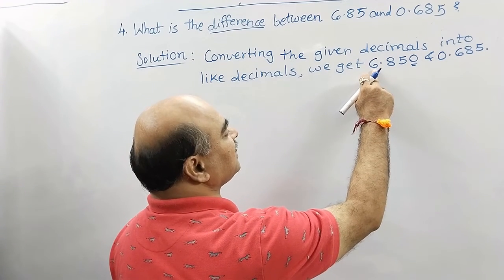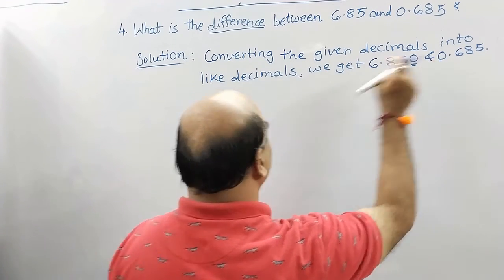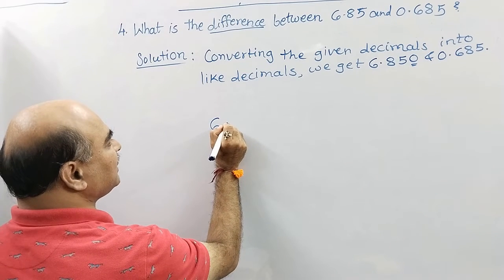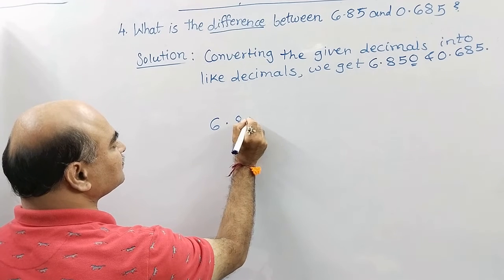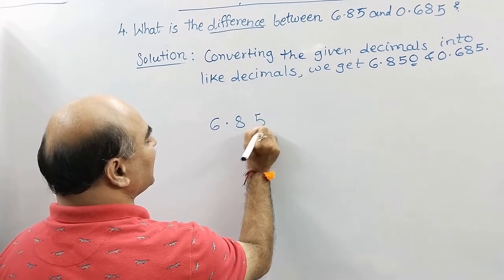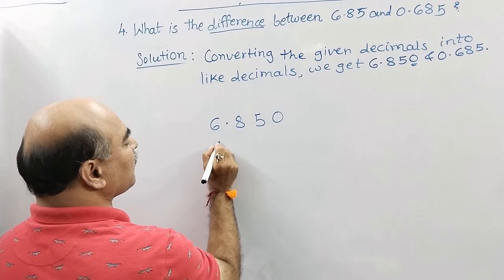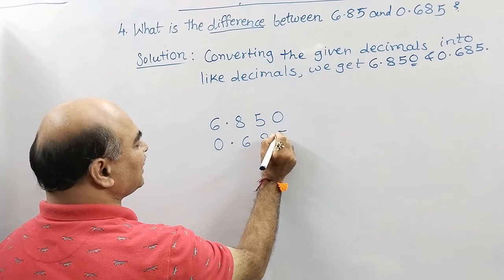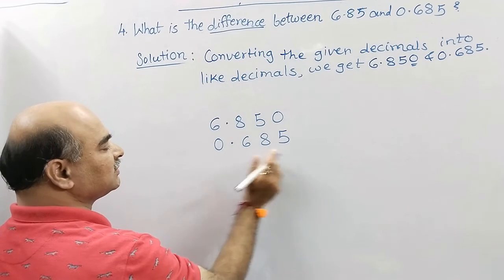Now this has integer 6 and this has integer 0, so obviously we have to write down the greater decimal first: 6.850, and then 0.685, the smaller decimal.